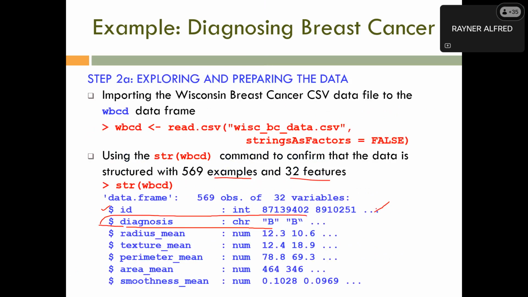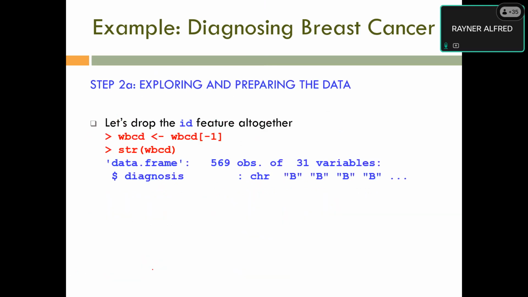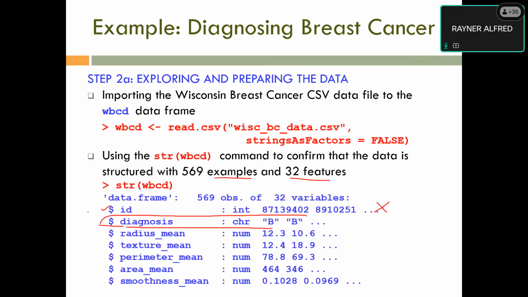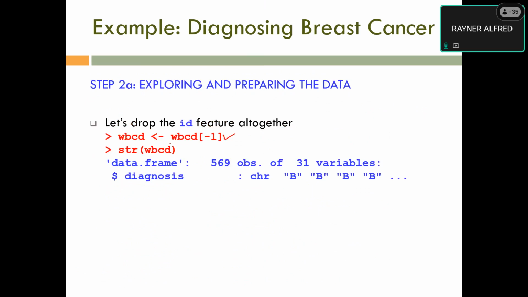Of course, the ID will not play an important role here, so we will ignore that one later on. For that reason, we will remove this one. That means I will remove the first feature, which is the ID here. Then I will update my dataset. So now I only have 31 variables.